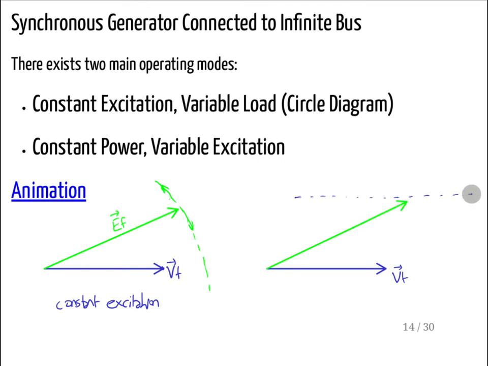So that means EF will only move along that horizontal direction. Why? Because EF times sine delta is constant. So this is the constant power operation.